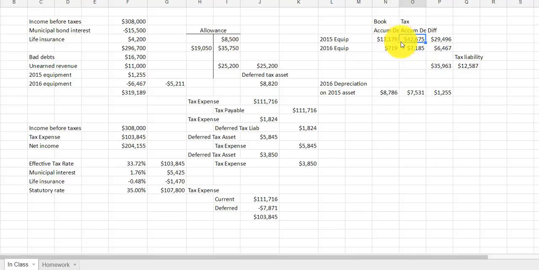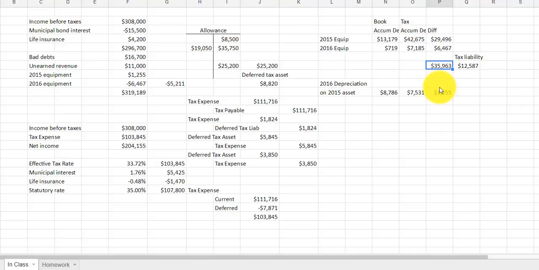Then take the difference between the accumulated and the accumulated, 29,496, and we already did the 2016 because the difference for 1 year is the same as the accumulated because we've only owned it for 1 year, so it's 6,467. Add those two together, get almost $36,000 difference.